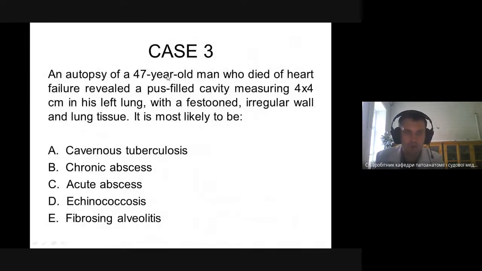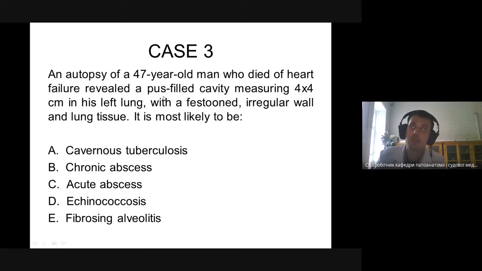An autopsy of a 47-year-old man who died of heart failure revealed a pus-filled cavity measuring 4 centimeters in diameter in his left lung with a fastened irregular wall and lung tissue. It's most likely that was not cavernous tuberculosis because it contained pus.